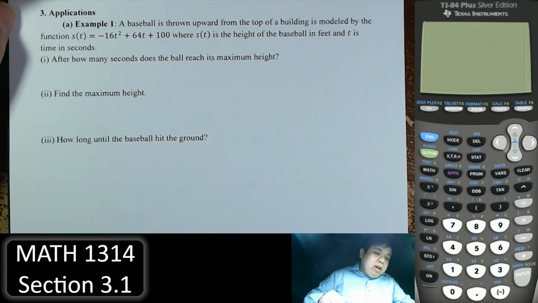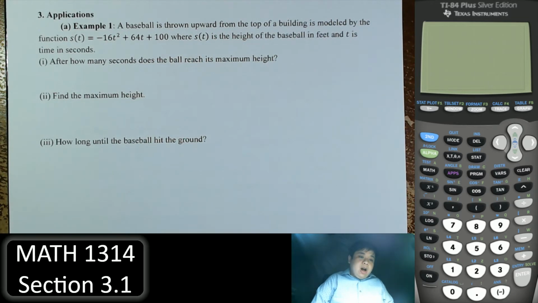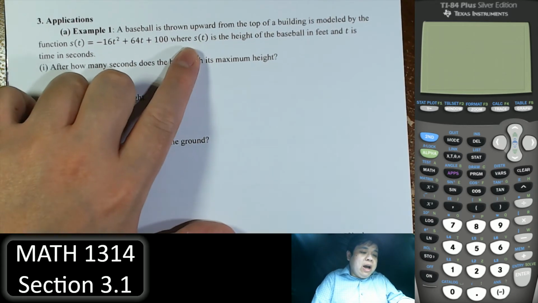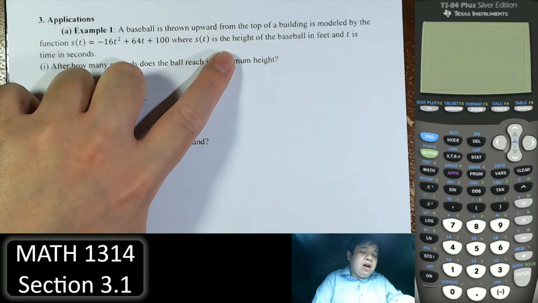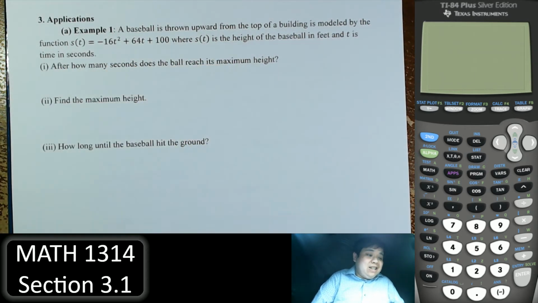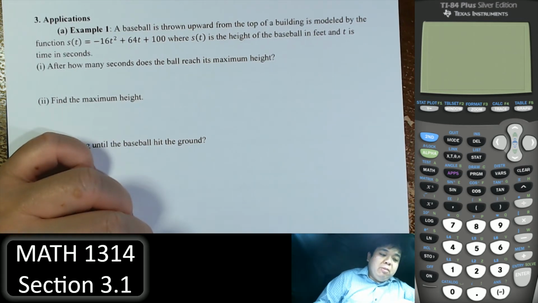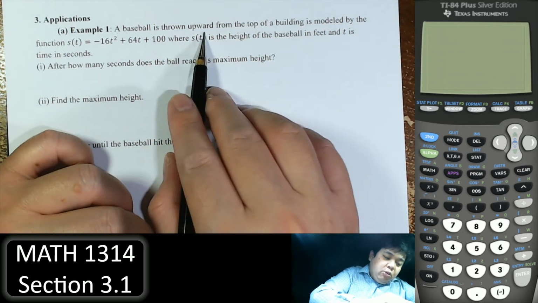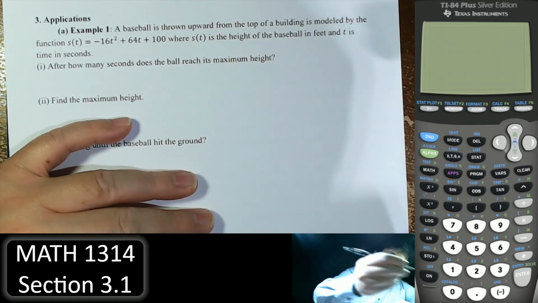A baseball is thrown upward from the top of a building, and is modeled by this function, where s of t is the height of the baseball in feet and t is in seconds. How many seconds does the ball reach its maximum height? So this is thrown upward from the building.